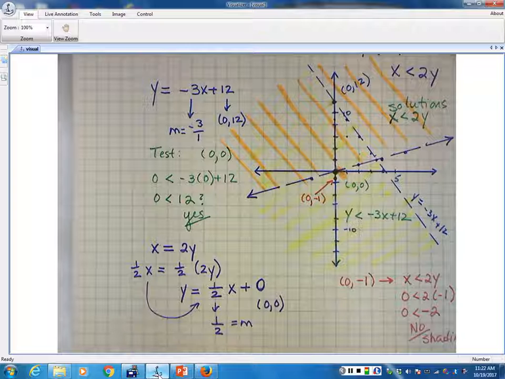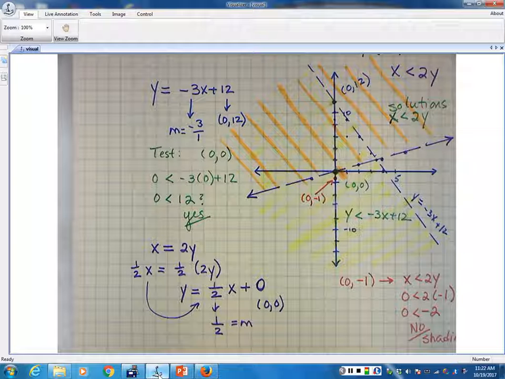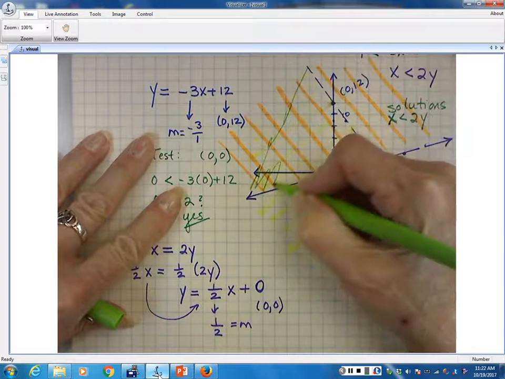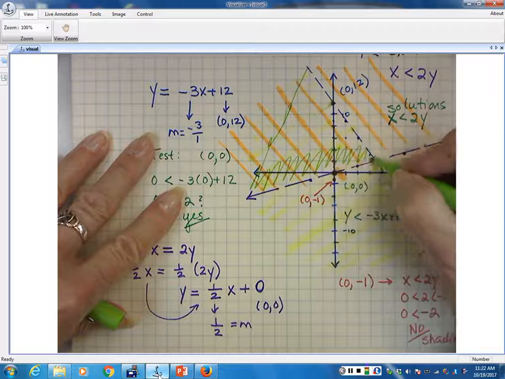But where's the only place that there's solutions to both of them? The place where they're both shaded. So the solution to both of them together is right here. It's where the shading overlaps.